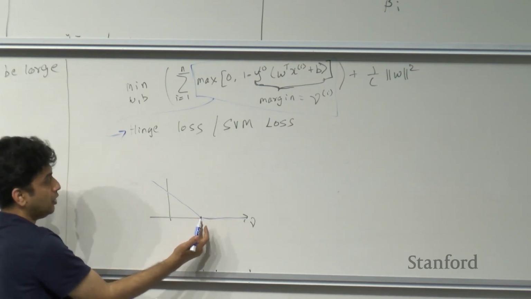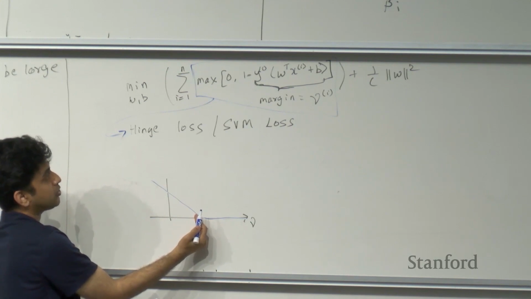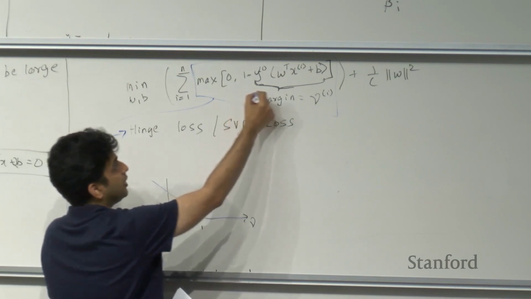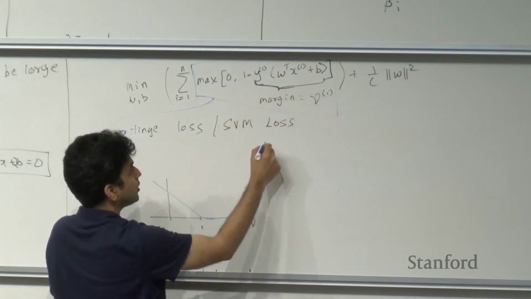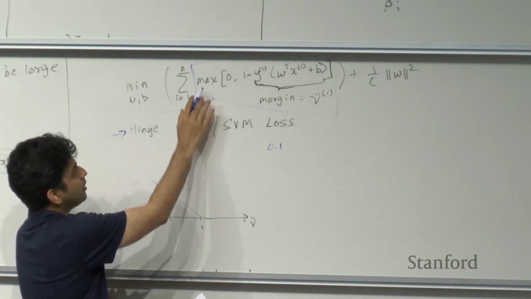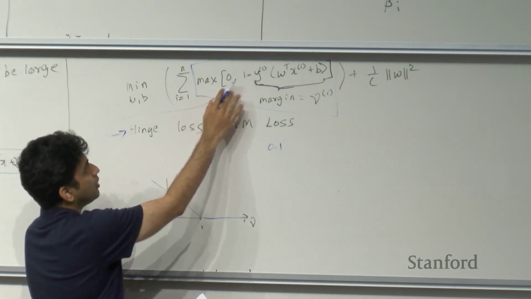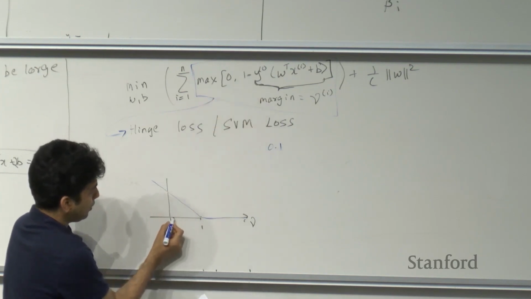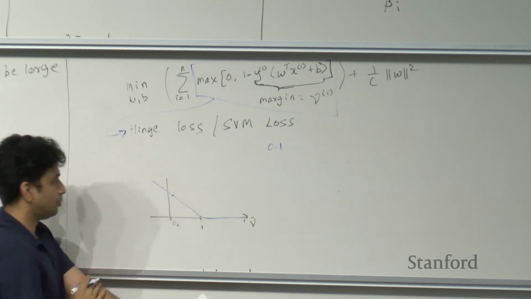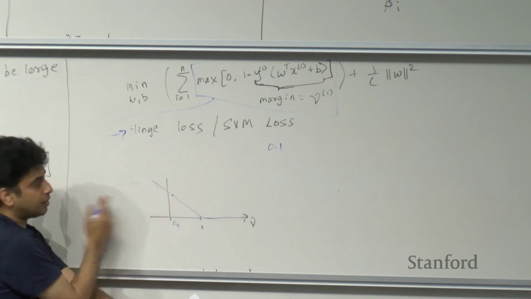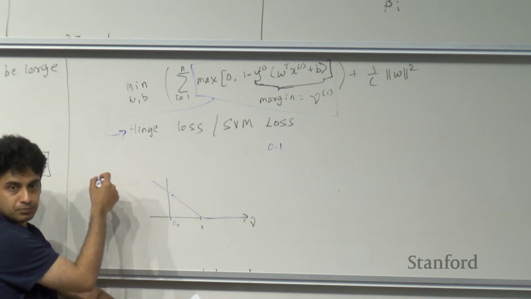For values less than 1, for example if gamma is 0.1, the loss is max of 0 and 1 minus 0.1, that's max of 0 and 0.9. So when gamma is 0.1, the loss is going to be 0.9. And as you keep decreasing gamma further, the hinge loss is going to be more and more.